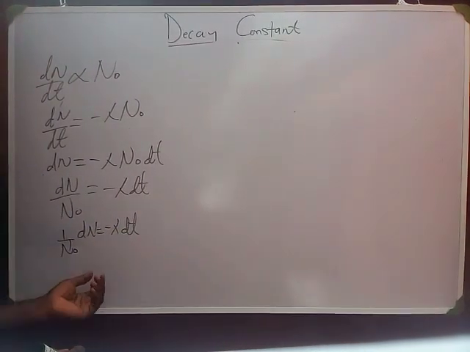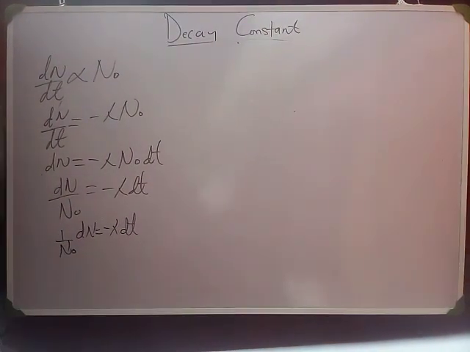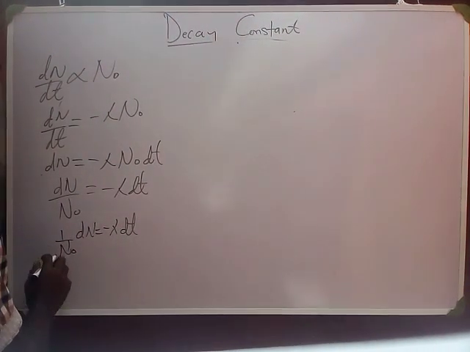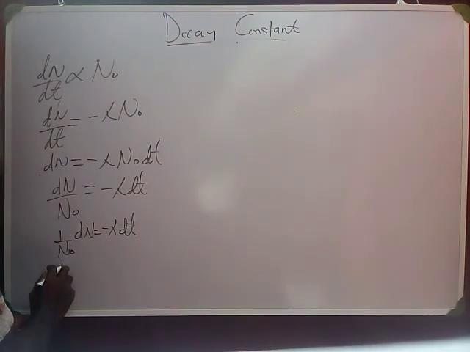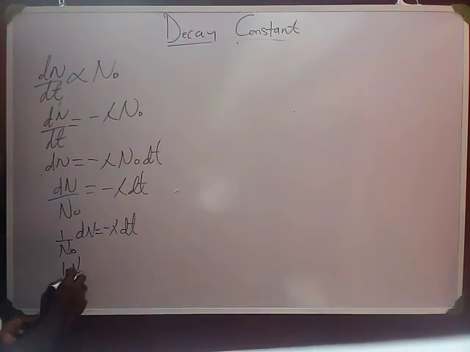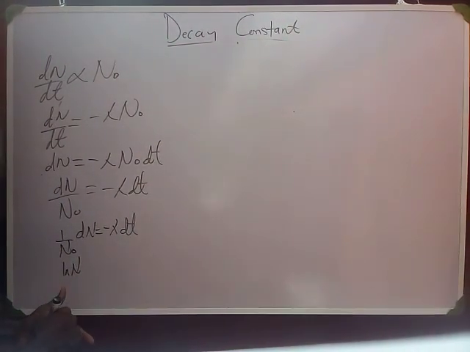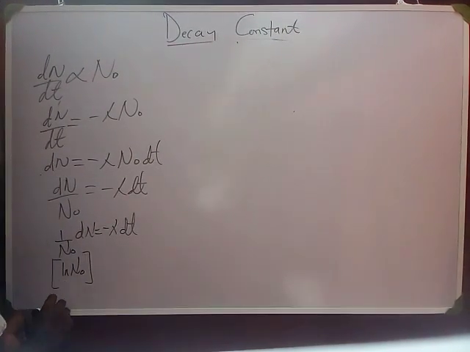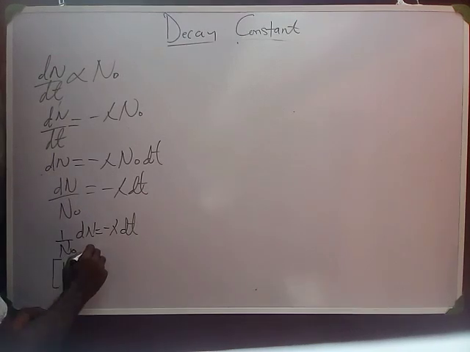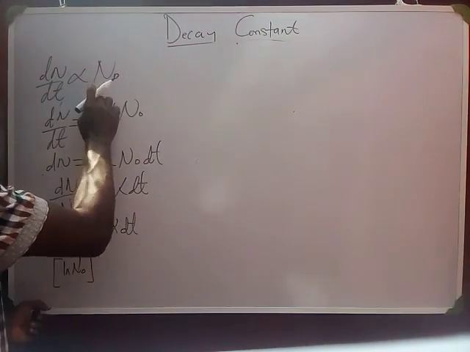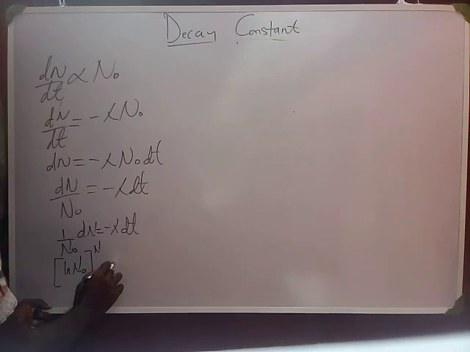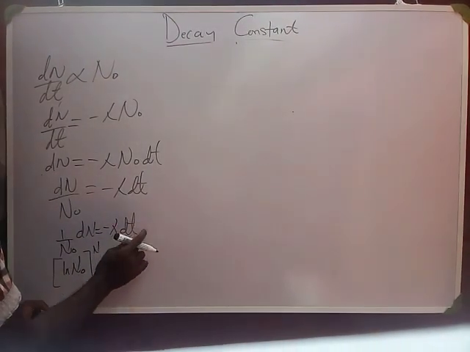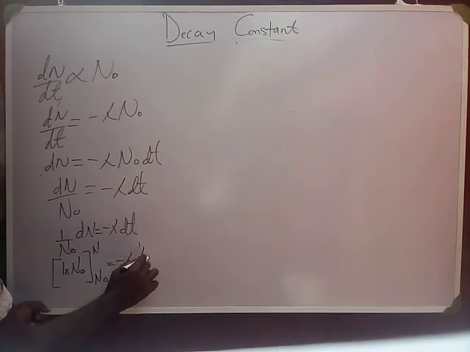To remove the differentiation symbol, we integrate both sides. Integrating 1 over N gives us ln N. We are looking at when the final number is N, and the initial was N naught. On the right, minus lambda, integrating dt gives us t.